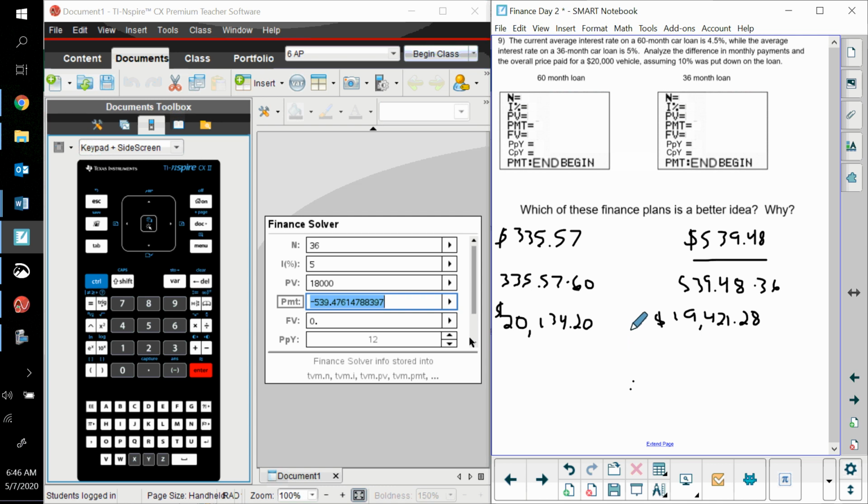But let's say you pay off your car loan and your car's still in good shape, and you can keep going without having to have a loan. What I heard this person say once is keep paying your monthly loan amount, but pay it to yourself. So if you're paying 539 each month, start putting aside 539 each month once your loan ends.